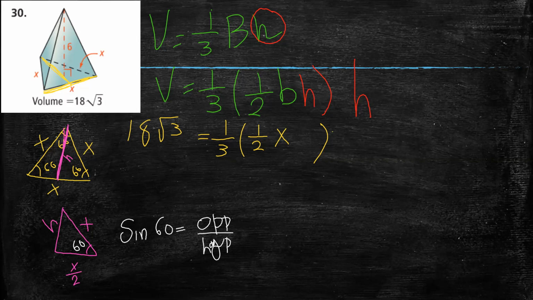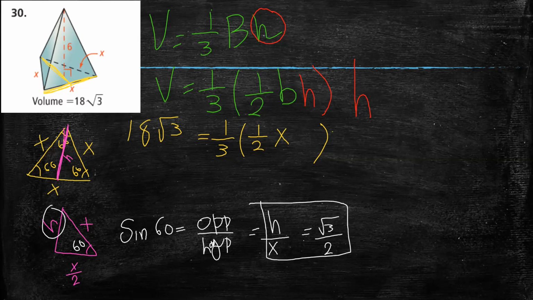The opposite of 60 is h, and the hypotenuse is x.